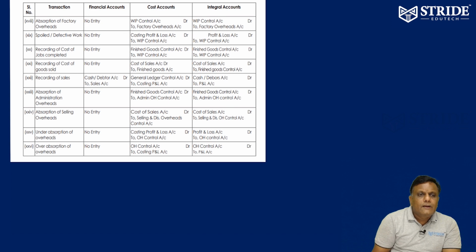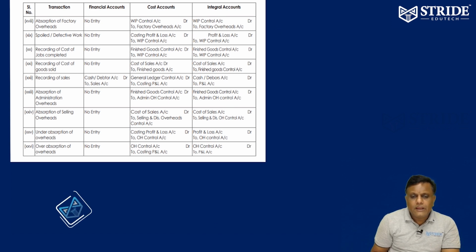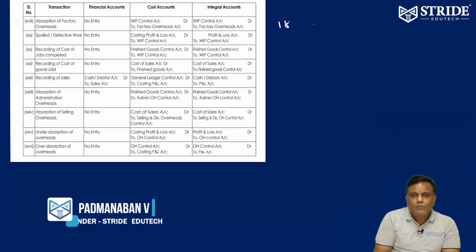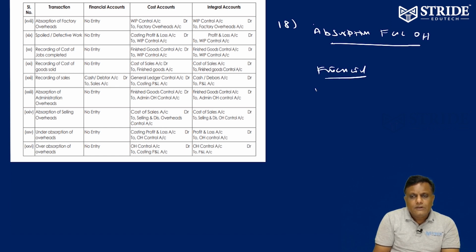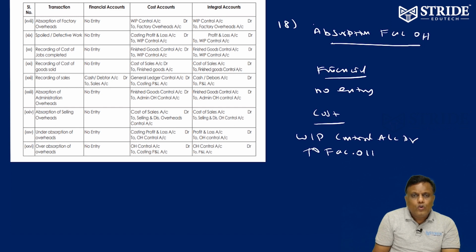Next, number 18, absorption of factory overheads. Absorption means estimation of factory overheads. So, for absorption of factory overheads in financial books, there is no entry. In the cost books, WIP control account debit to factory overhead account, WIP to factory overhead.